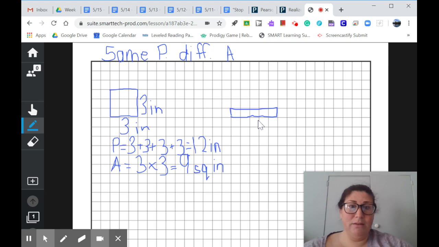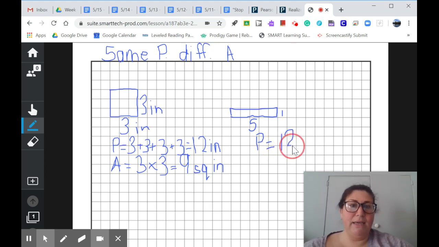And this perimeter, if we look, we have 5 here, we have 1 here, which then would be 5 over there and 1 over there. So the perimeter of this, 5 plus 1 plus 5 plus 1, the perimeter is 12. So it is the same perimeter.